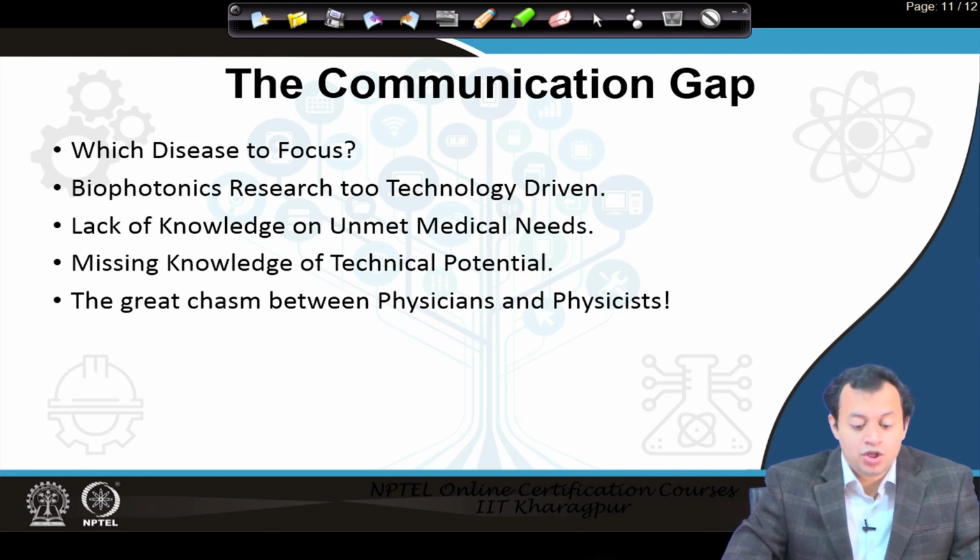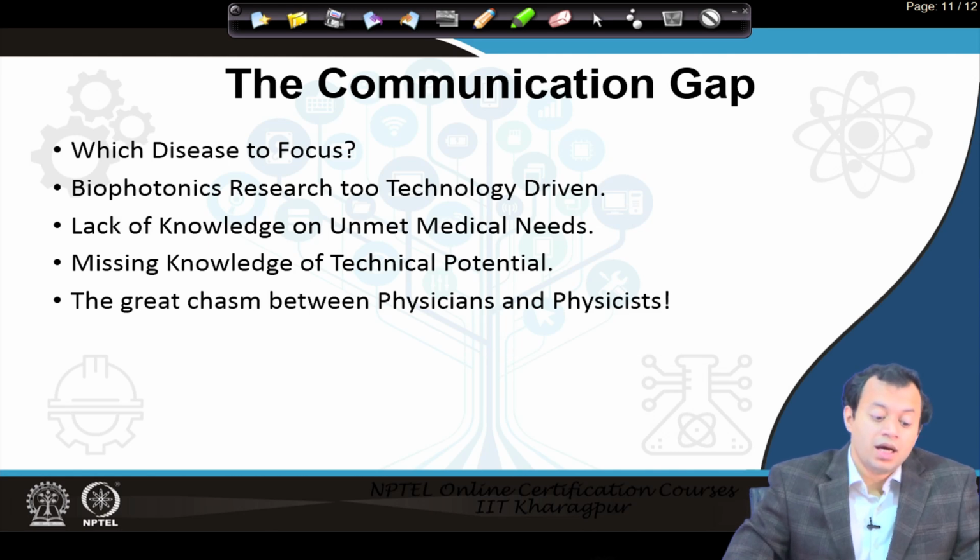Well, lack of knowledge on unmet medical needs. We do not know not just the diseases, but the manifestation of diseases. We do not know the symptoms. We do not understand, or we understand the symptoms, but we do not talk with the people who understand these symptoms and what needs to be done to cure. There is a missing knowledge for technical potential. This is where the missing knowledge of medical practitioners comes up.